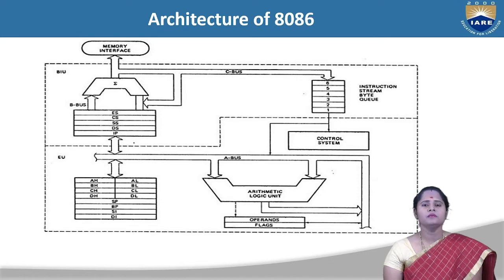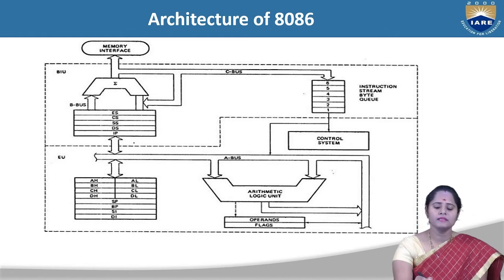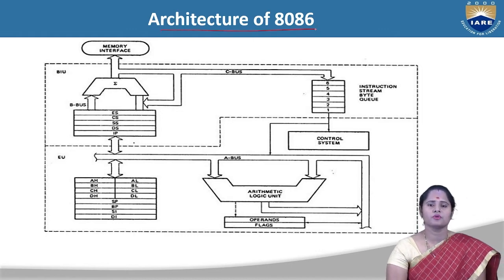So how is that path formed? It is nothing but from where the instructions are taken, how they are placed, in which memory they are placed, and from there how you are sending them to execution. That path can be seen in the architecture of an 8086.